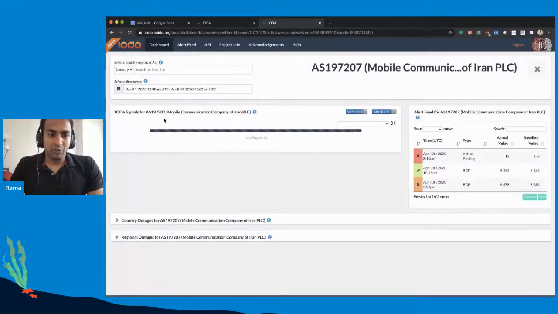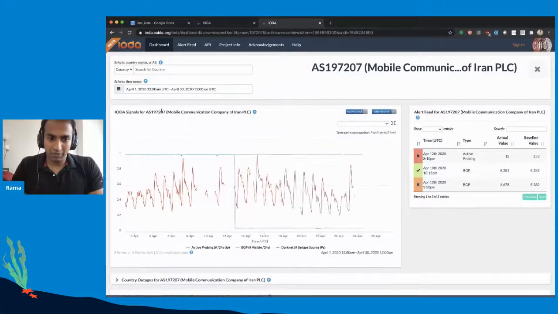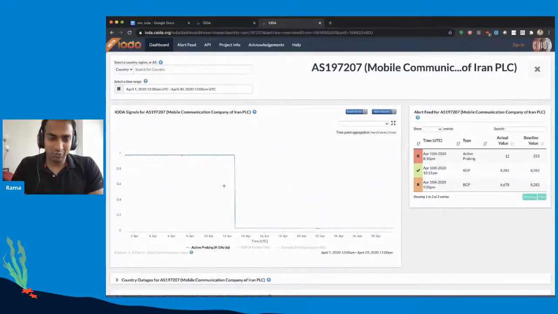This was for a cellular AS in Iran, MCCI, AS 197207. As you can see here, the active probing data source went from a state of 1 all the way to 0.04, and then it never recovered.